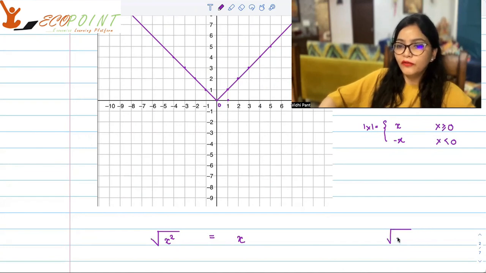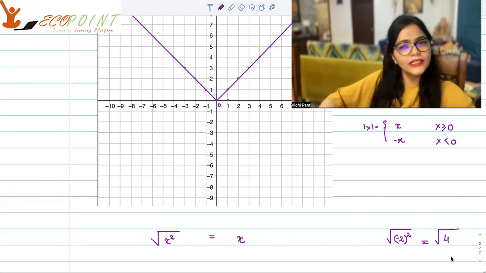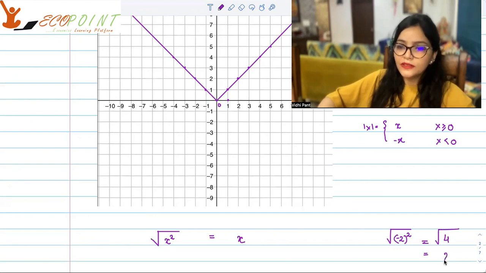Square root of (-2) squared. What do you think is the square root of (-2) squared? I know that (-2) squared is 4. What is the square root of 4? Would you like to write it as 2 or -2? Of course, the output that comes out of a square root is positive.